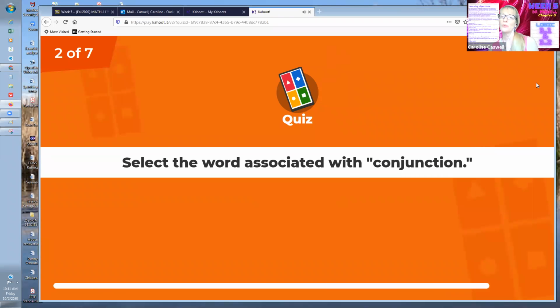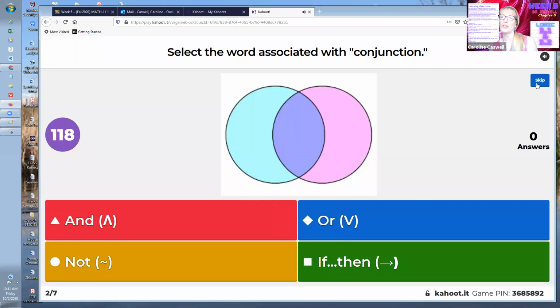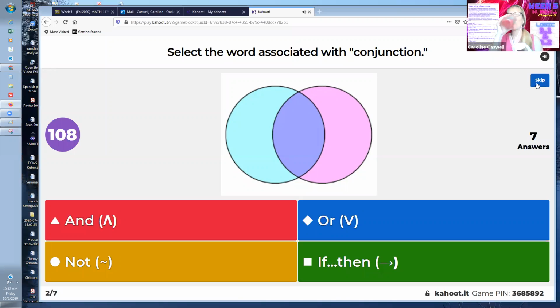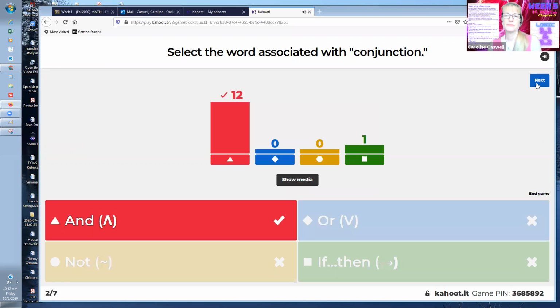So we're looking for the word for conjunction. Do you remember which one is conjunction? Nice job. Conjunction is and.